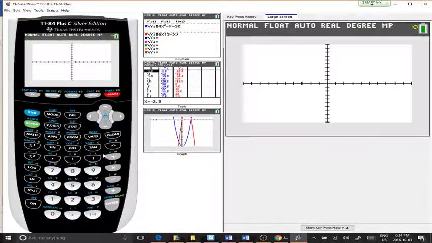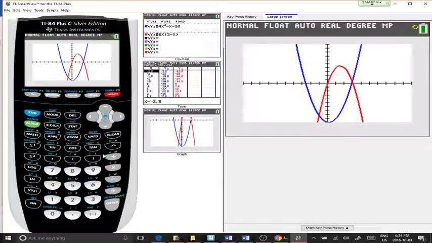Then hopefully I see both vertexes, barely, and some points of intersection. There we go. Good enough for me. So we see the points of intersection. That's what we're really interested in.